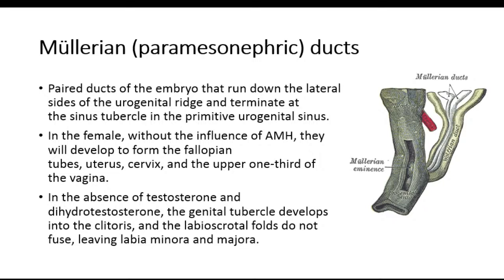So again, without testosterone or other androgens in the female fetus, the genital tubercle develops into the clitoris, which corresponds to the penis in male fetuses, and the labioscrotal folds of the embryo form labia minora and labia majora.